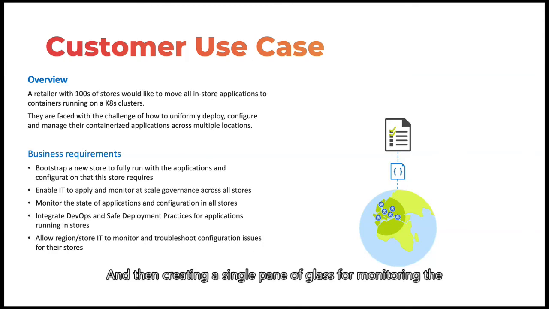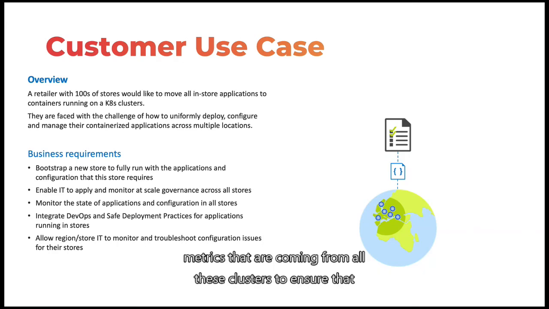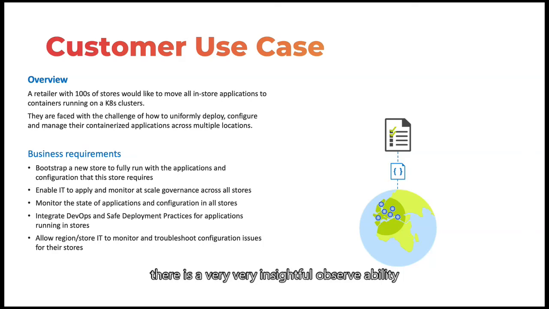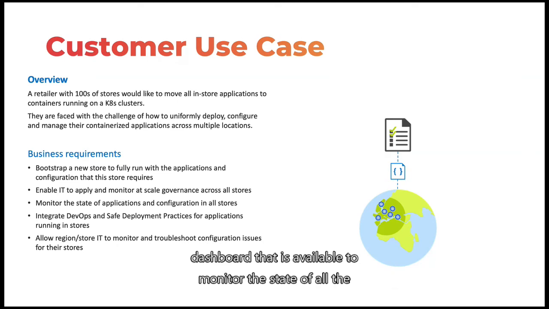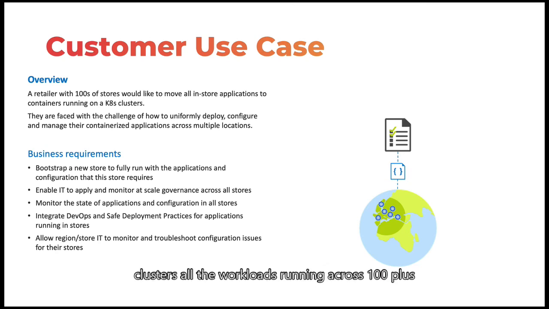And then creating a single pane of glass for monitoring the metrics that are coming from all these clusters to ensure that there is a very insightful observability dashboard that is available to monitor the state of all the clusters, all the workloads running across 100+ locations. And finally, this should allow the regional and the store level IT to monitor and quickly troubleshoot configuration issues.